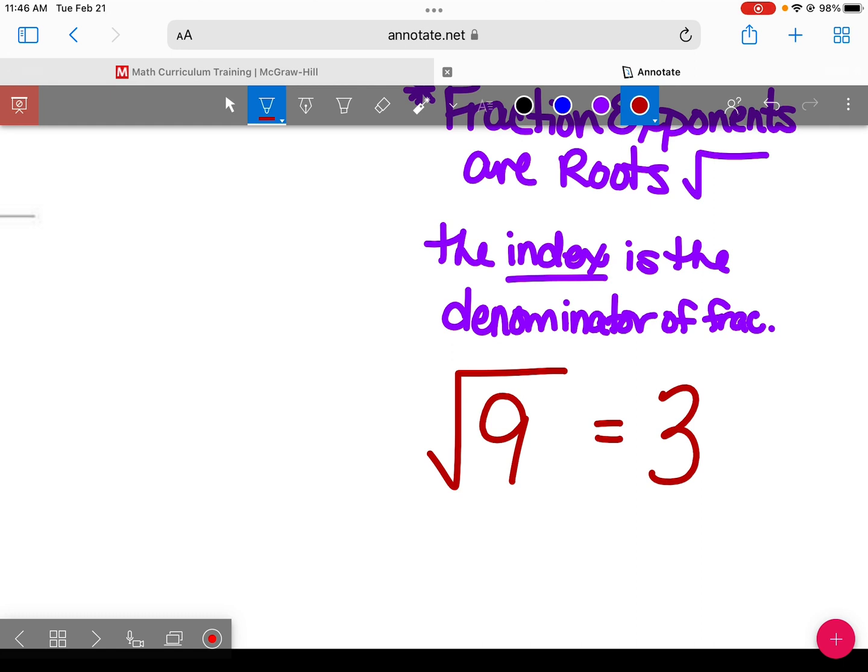I want you guys to write this one right here on the check in exponential form. I'm going to give you somewhere between 30 and 45 seconds to do that. Write the check in exponential form. Good.